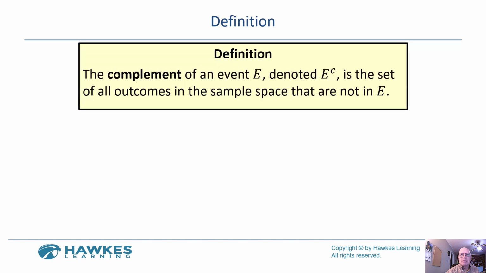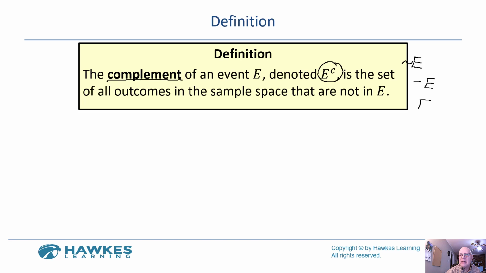Okay, complement. Now, the notation they show right here is not the only notation you might see for complement. Complement can be seen a bunch of different ways. Some of the ways I've seen it are an E with a squiggle in front of it, a tilde. I've seen it with a minus sign in front.